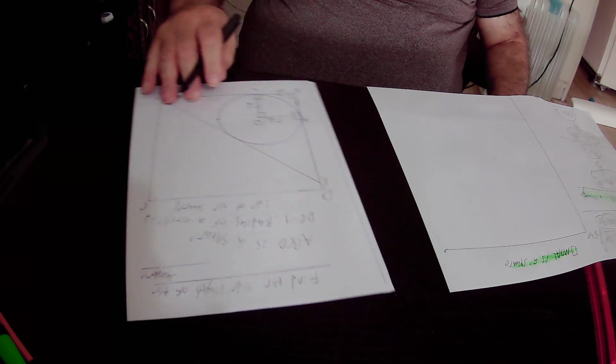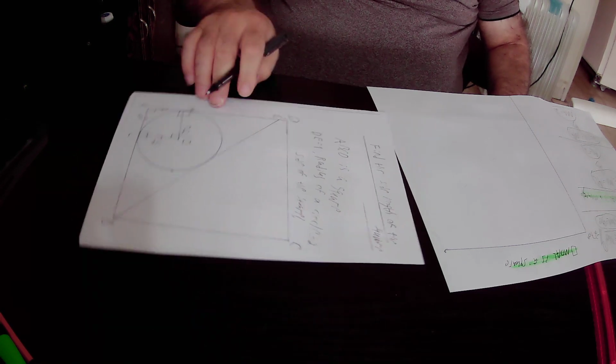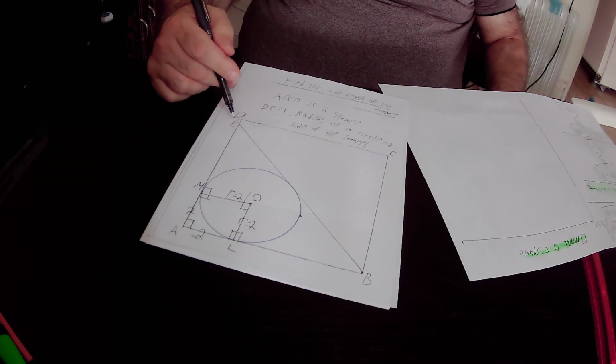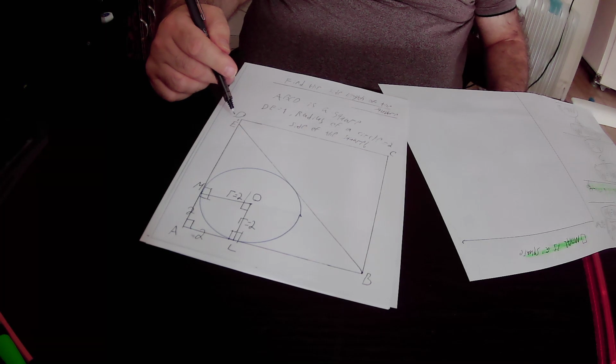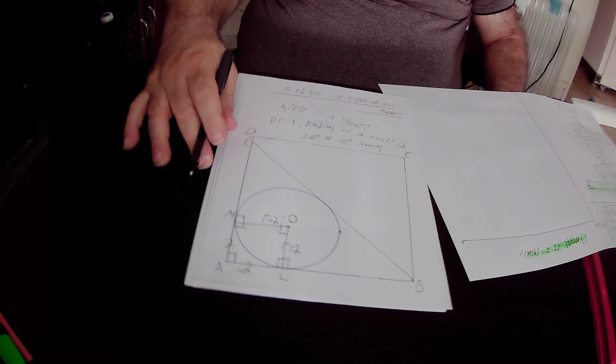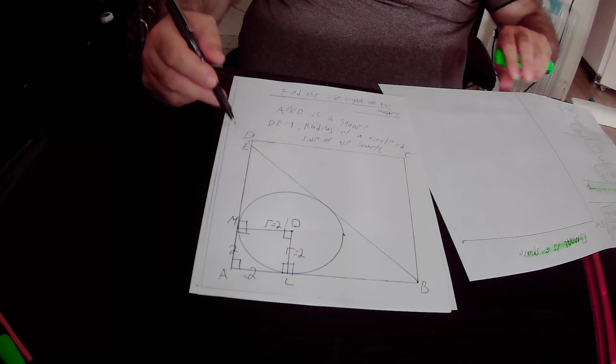So we'll focus on point E, the common external point E. From the common external point E, we have two tangents to this circle. The first tangent is tangent EM.